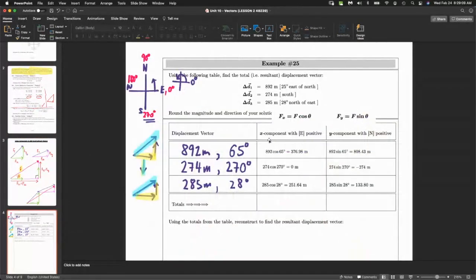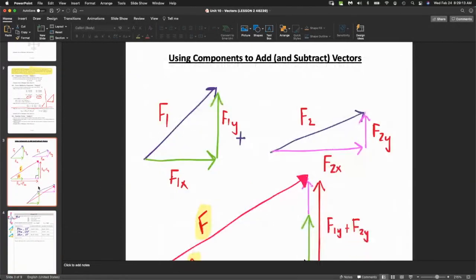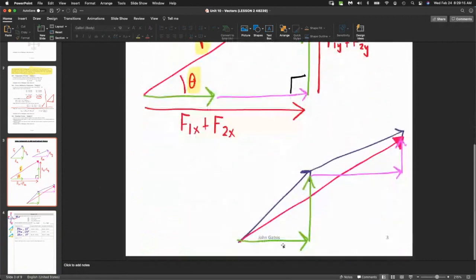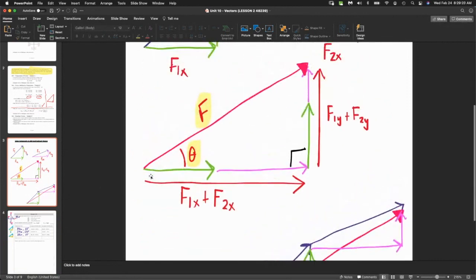And that's what we have in this table. But instead of adding them one vector at a time, we're going to take all the x components and find a total for those, and then we're going to take all the y components and find a total for those.